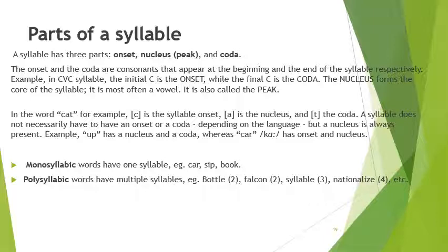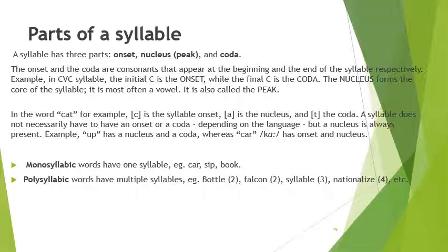In the word cat, for instance, the C, that is the K sound, coming before the vowel sound is called the onset, while the A is the nucleus. That is the most important. You can't have this syllable without the A. And lastly, we have T, which is the coda.